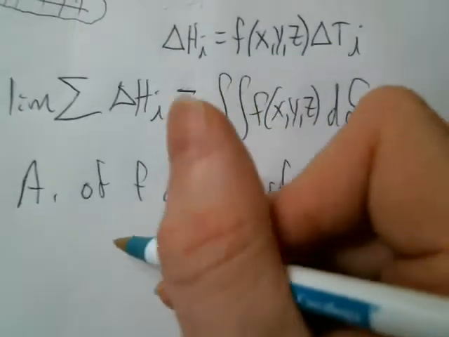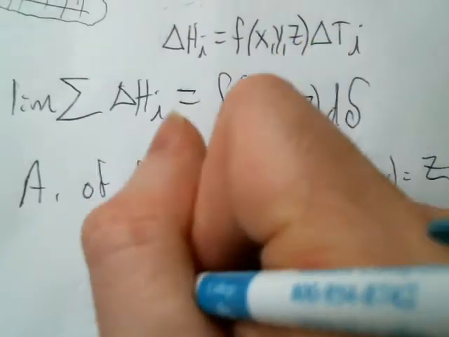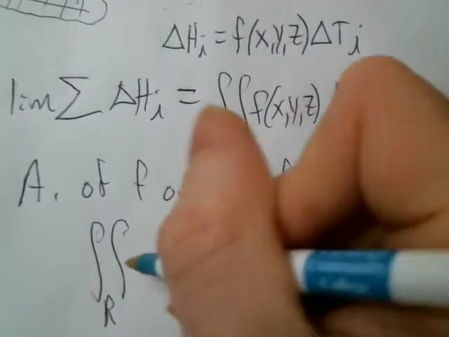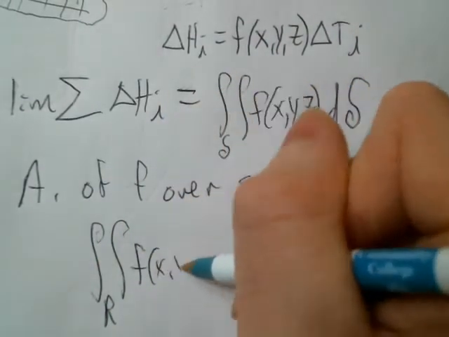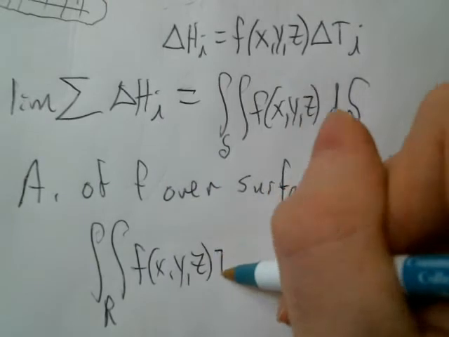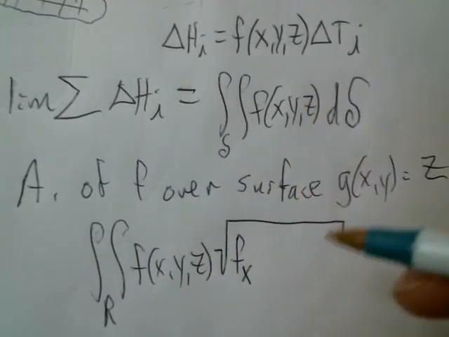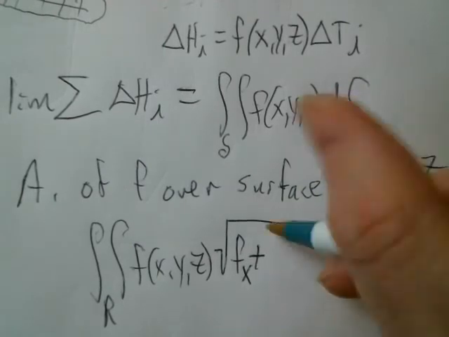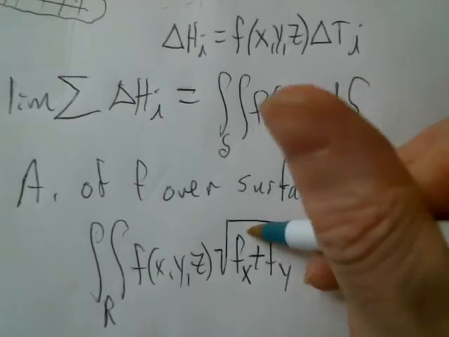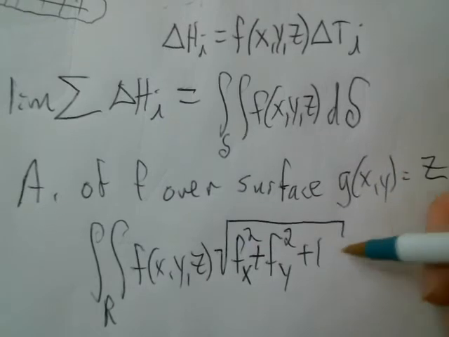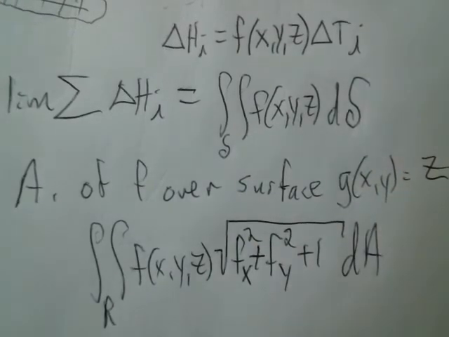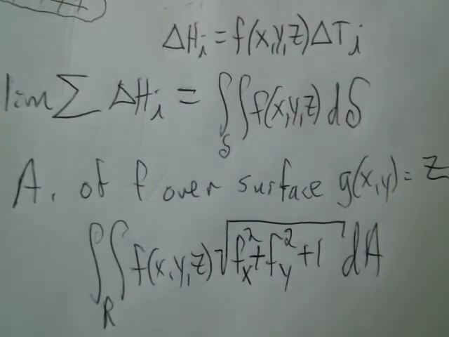In that case, the working definition for our integral will be f of x, y, z times the square root of this, which gives us the area of the little tangent planes, and then dA. So that's our working definition there.